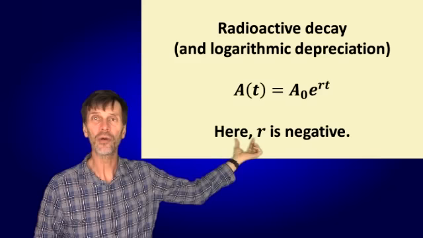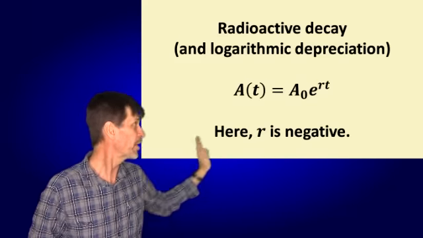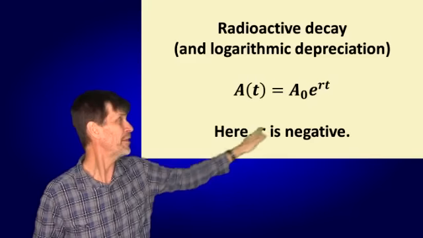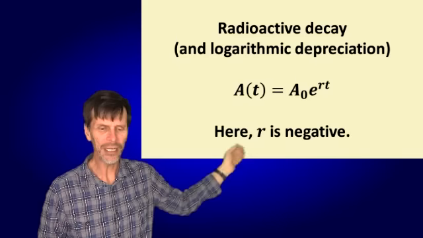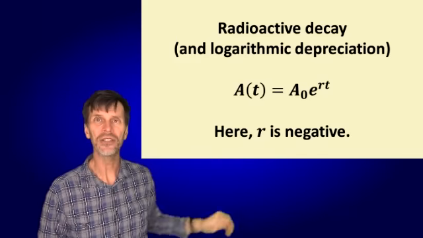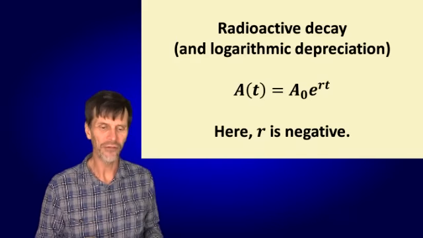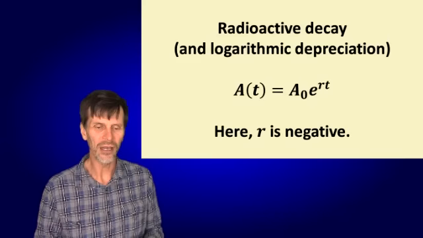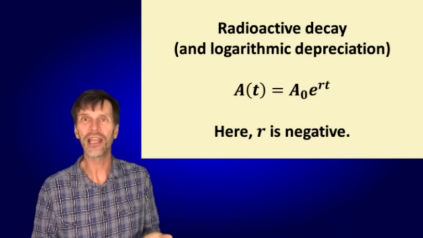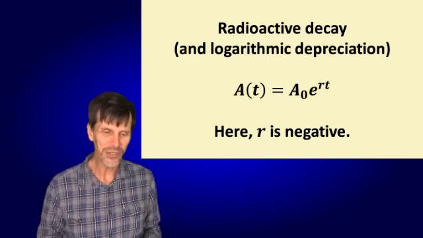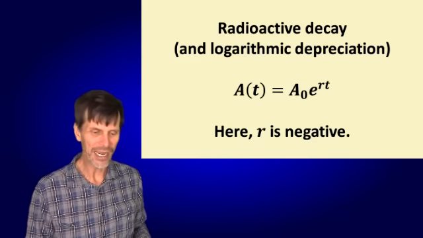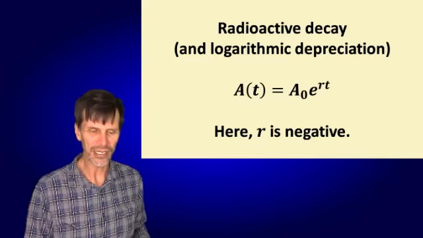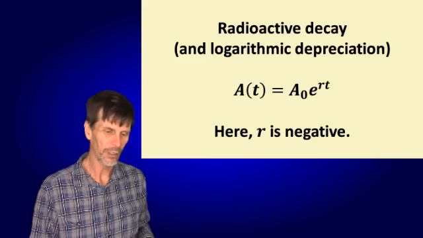A of 0 is what it was worth in the beginning. Just like in A equals P e to the rt, the P was the principal, the amount of money that was there in the beginning. Here this A sub 0 is the value of a good, or if it's radioactive decay, the amount of radioactive substance that was there in the beginning. And you'll notice that r comes out negative every time on a radioactive decay problem.